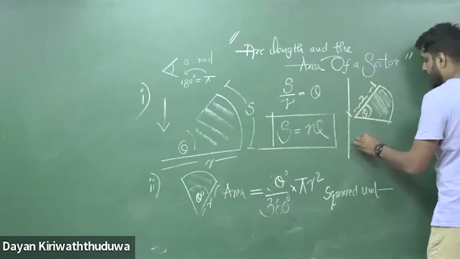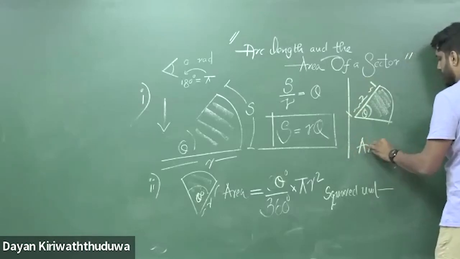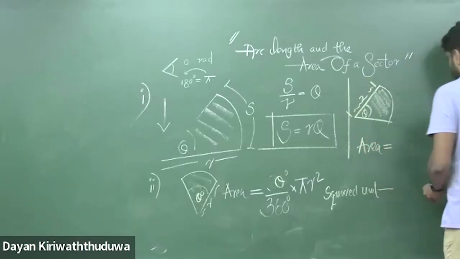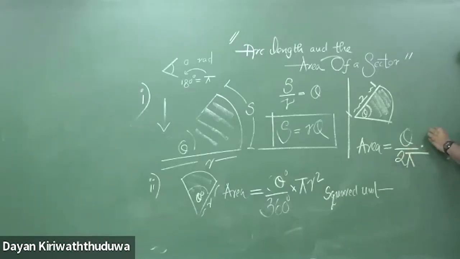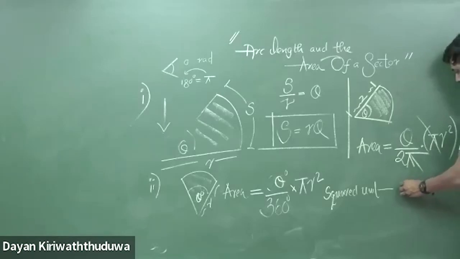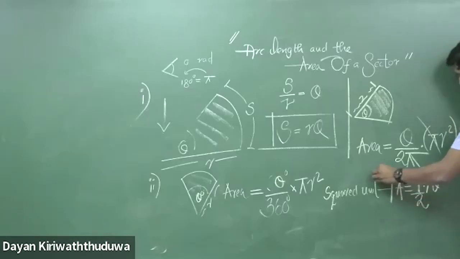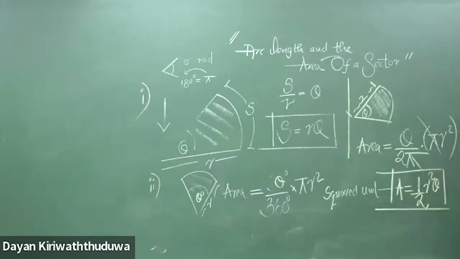The area is given by theta radians divided by 360 degrees, which is 2 pi, multiplied by the area of the circle, pi r squared. Good news, pi cancels, and you get a nice equation, half r squared theta, but here the theta is in radians. So this is the equation for the area of a sector.